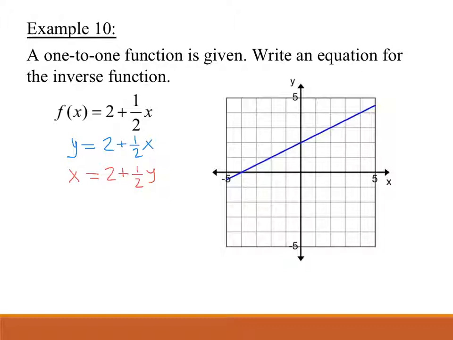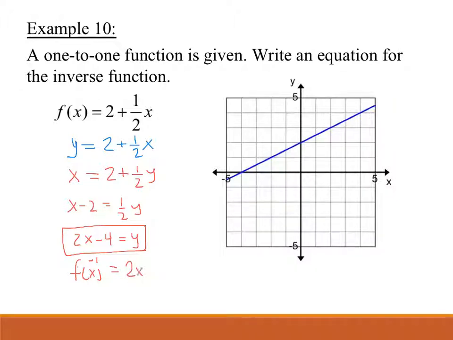So we get x minus 2 is equal to 1/2 y, and so now we get 2x minus 4 is equal to y. So here is our inverse function. So f of x to the minus 1 is equal to 2x minus 4.